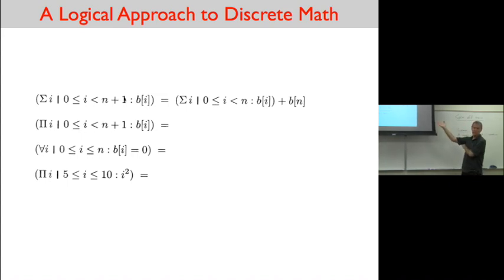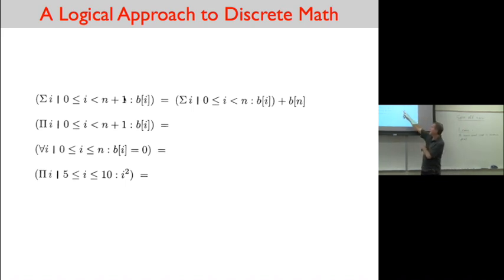This is the kind of thing that you're going to need to be able to do a lot later when we do proof by mathematical induction. This is going to be a necessary skill for you to have. Does everybody see how that worked?